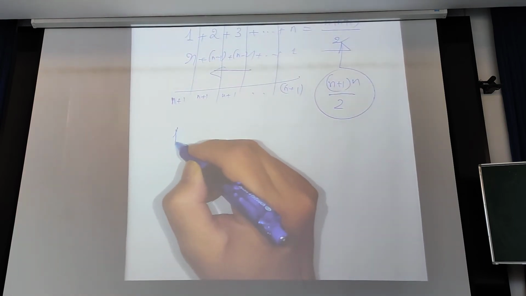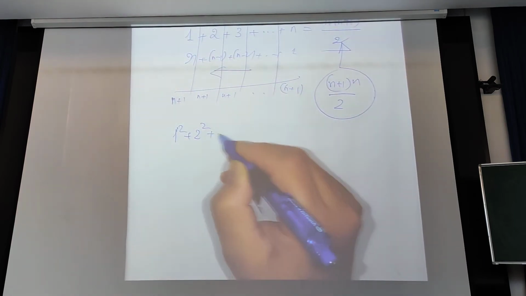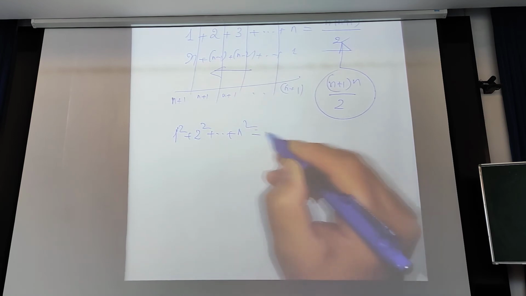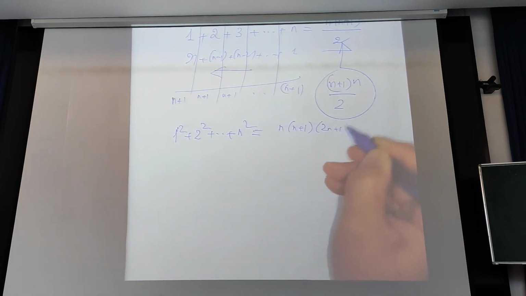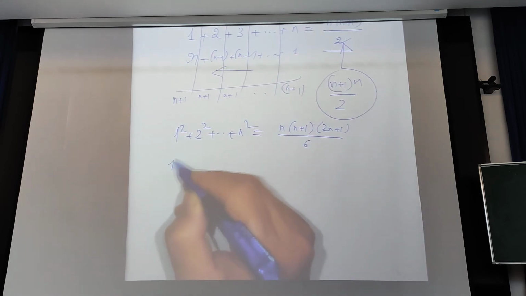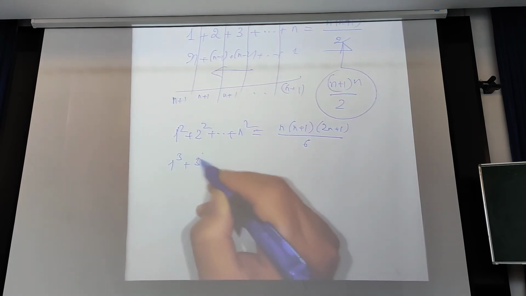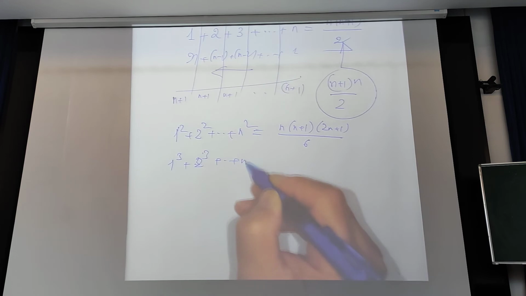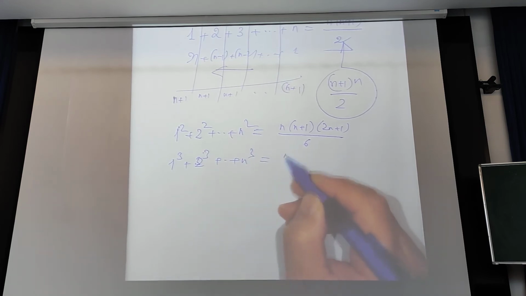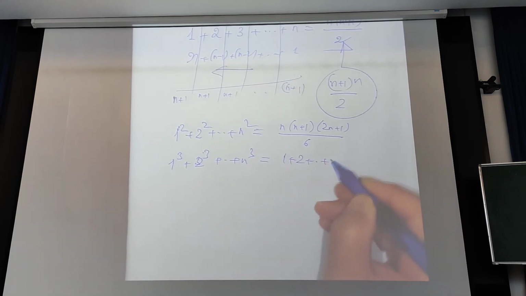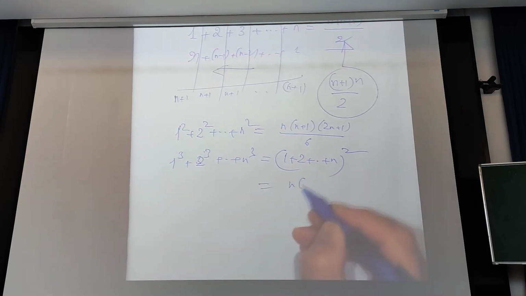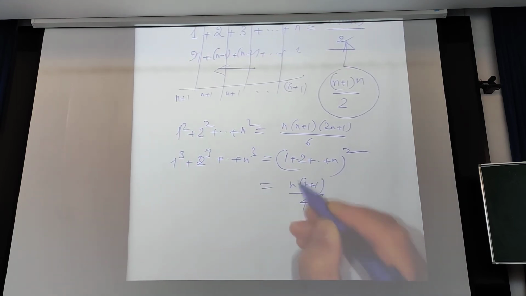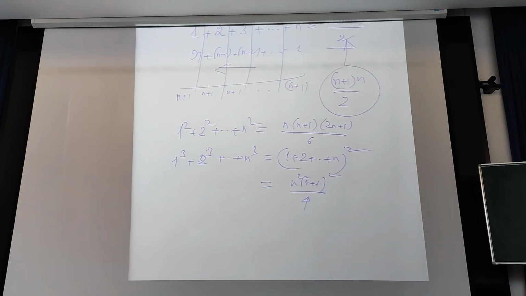1 square, 2 square, ... n square is n(n+1)(2n+1)/6, or 1 cubic, 2 cubic, ... n cubic is (1 + 2 + ... + n) square, which is (n(n+1))^2 over 4.